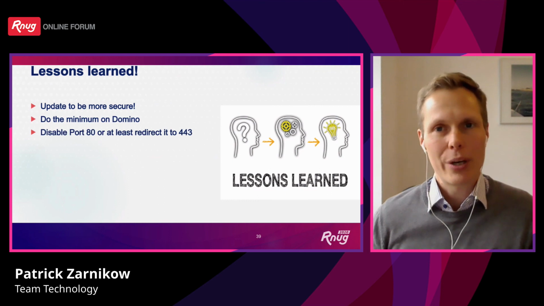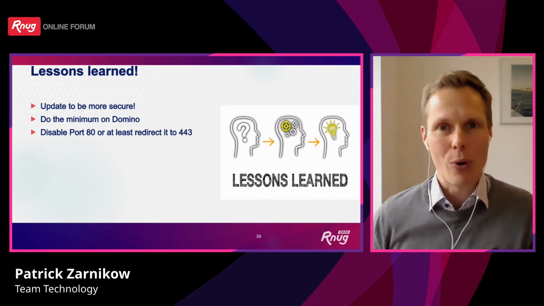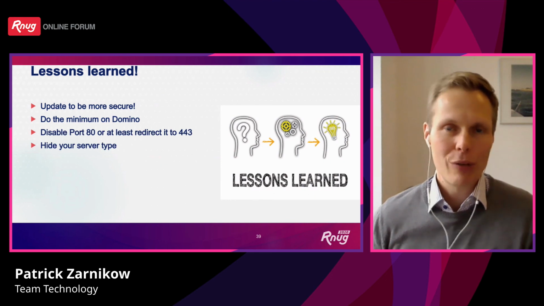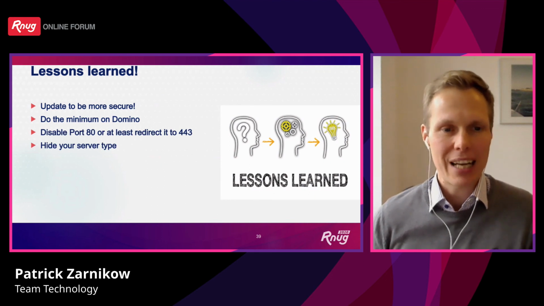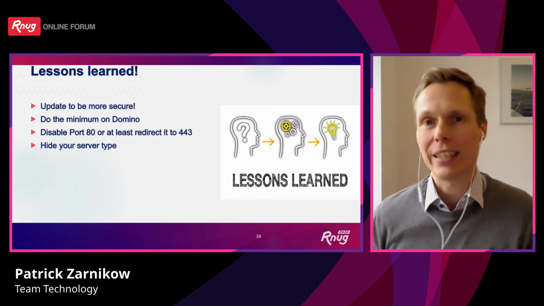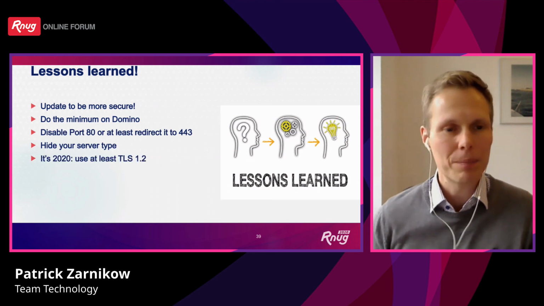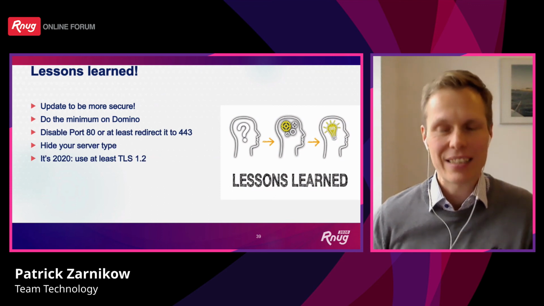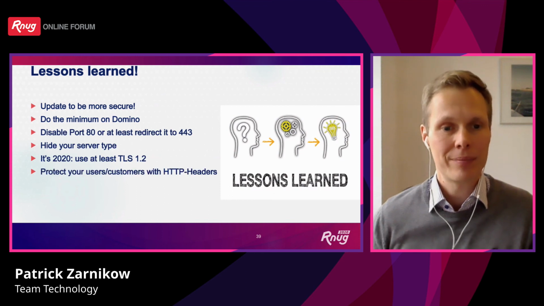Disable port 80 or redirect it to port 443 at the HTTPS. Hide your Domino server type if it's not necessary to advertise it out there on the internet, because it's easy to find, for example, on Shodan. And it's 2020. Use at least TLS 1.2, nothing lower than that.